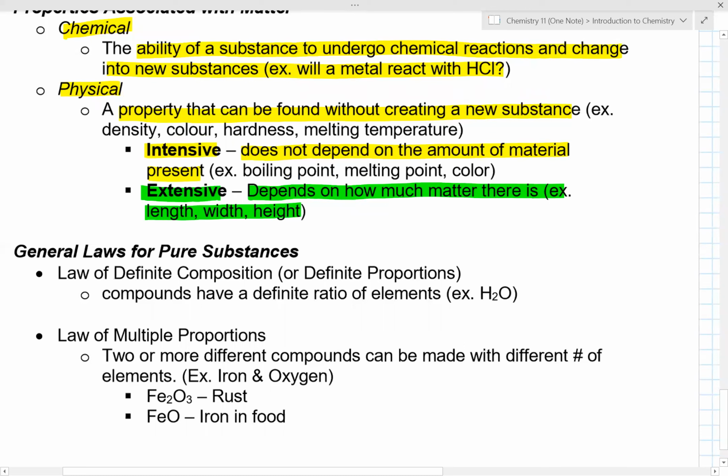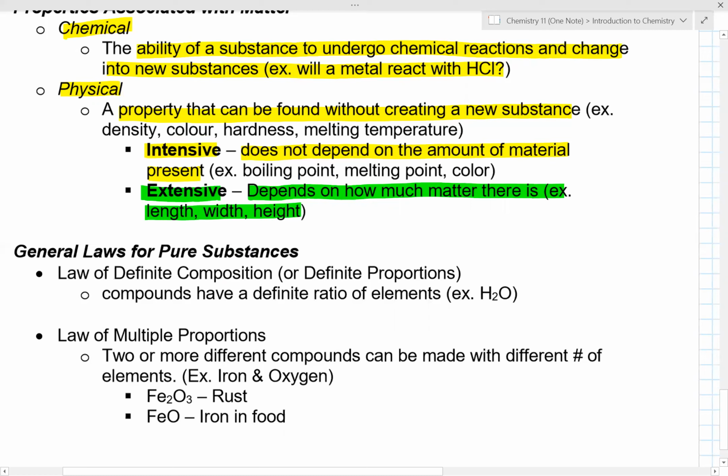If the ratio is different, let's say 1 oxygen and 1 hydrogen, then it will be something different. Or if we have 2 hydrogens and 2 oxygens, that's hydrogen peroxide, which has totally different characteristics. So compounds have a definite ratio of elements.